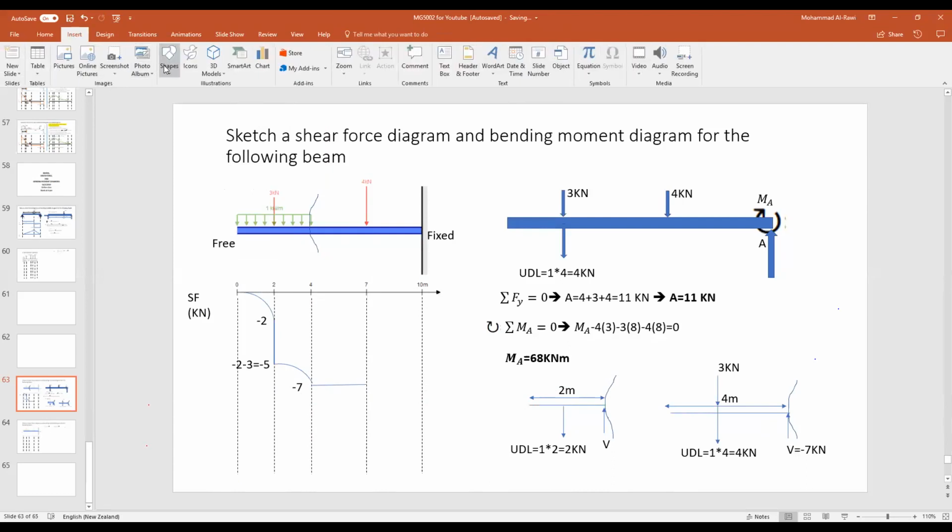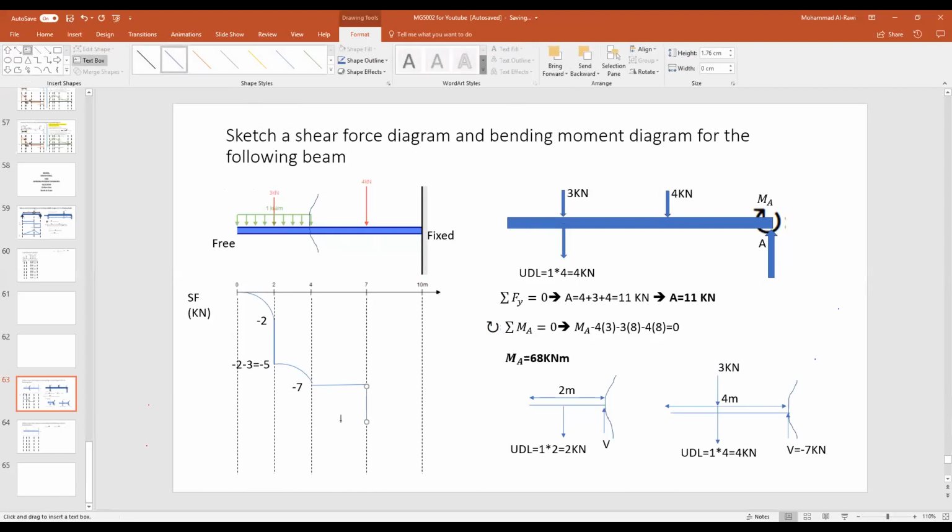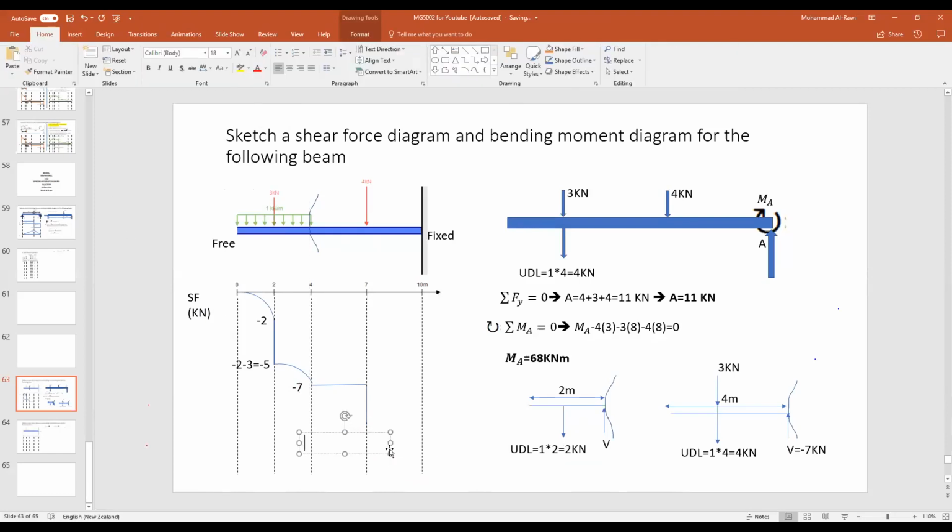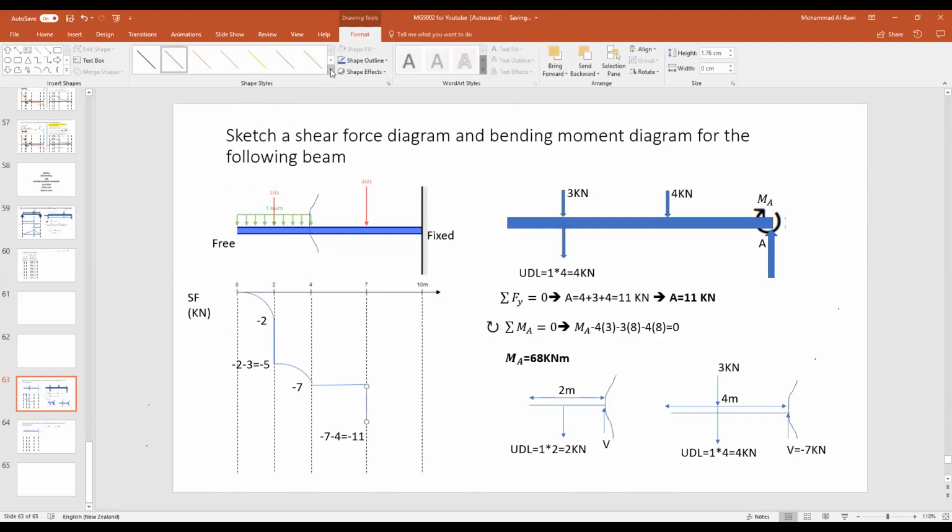So I will get another load taking me downwards, which value will be added. I'll write how it works. So it will be -7 -4, and that's equal to -11. So that's a new point here. It's -11. I will highlight this in a darker color, so at least you can see what we're doing.